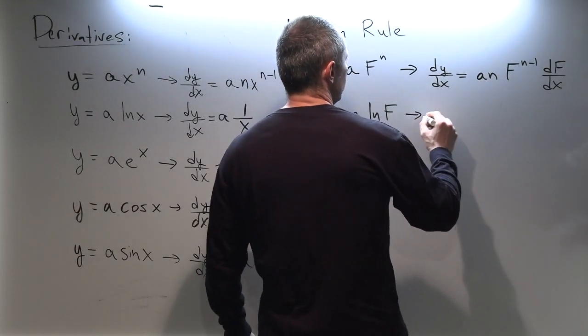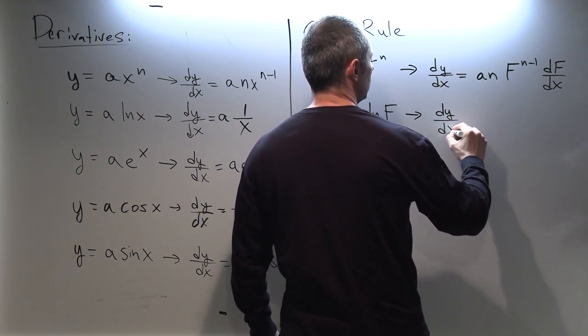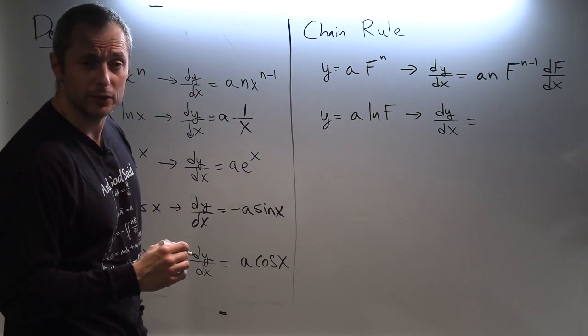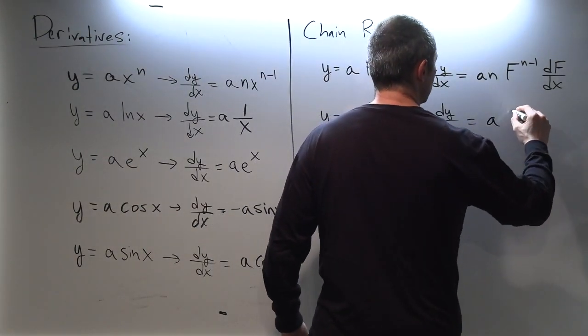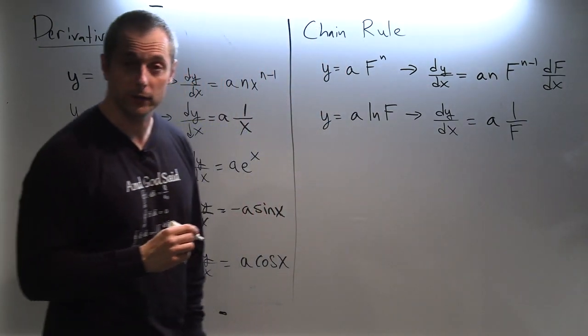then the derivative of this function, again, the constant just stays there, doesn't affect the derivative at all. But we use the rule. So we put 1 over f instead of 1 over x.